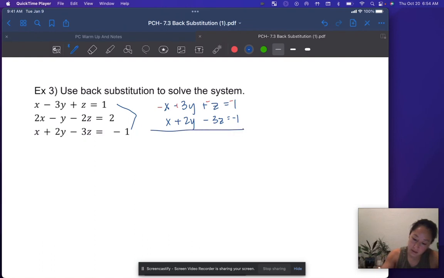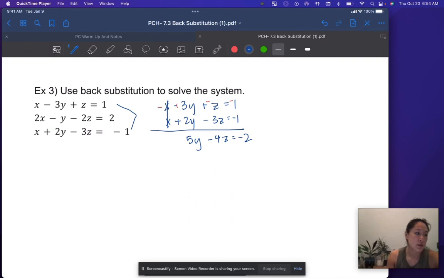Add these up, I get 0x, and then 3y plus 2y is 5y, -z minus 3z is -4z, and then -2. All right, that's my first set where I eliminated x.